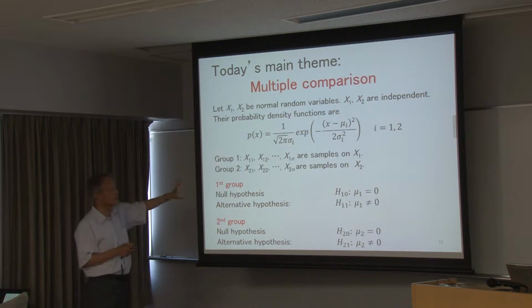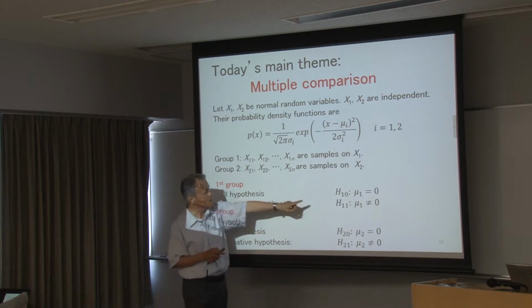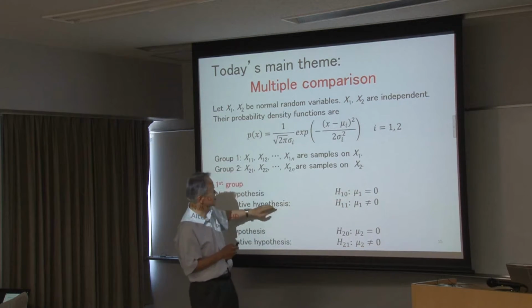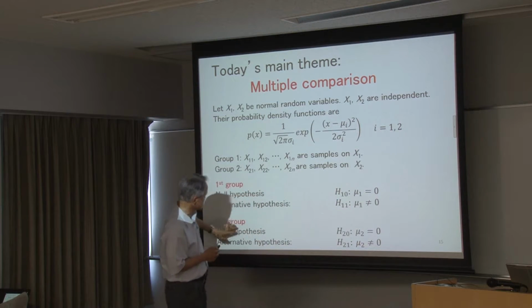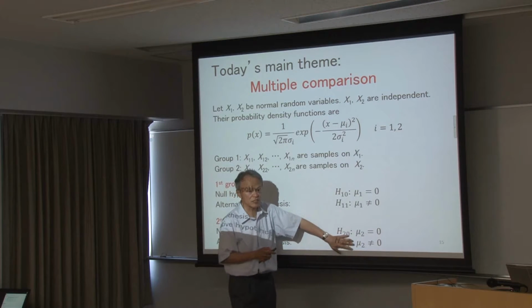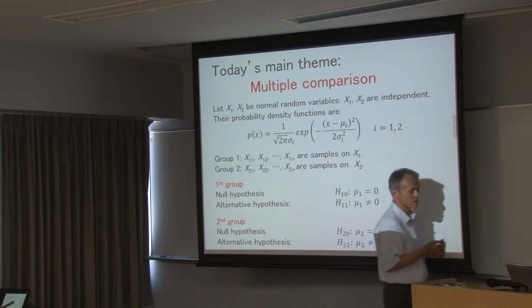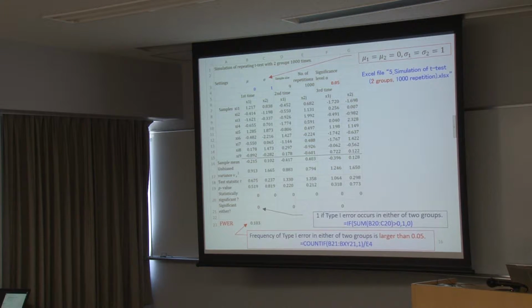If you set these hypotheses, for the first group, null hypothesis mu1 equals 0 and alternative hypothesis mu1 not equal to 0, and for the second group the same kind of hypotheses, then you carry out the t-test, which is also another t-test.